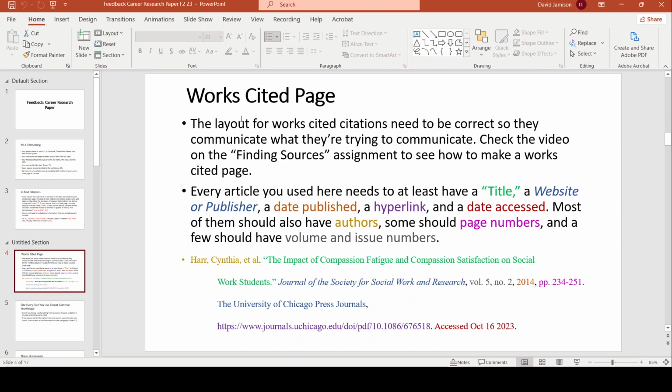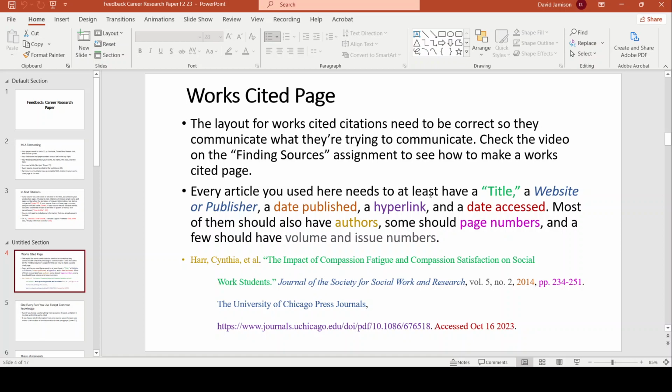So for the Works Cited page, the layout of your Works Cited citations needs to be correct so that they communicate what they're trying to communicate. Check the video on finding sources to see how to make these. I've showed you guys how to make these in Google Docs and in Word in that video, so go back and look at that.